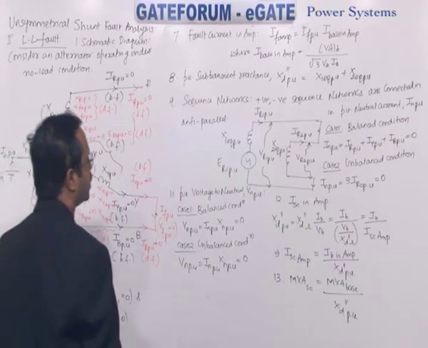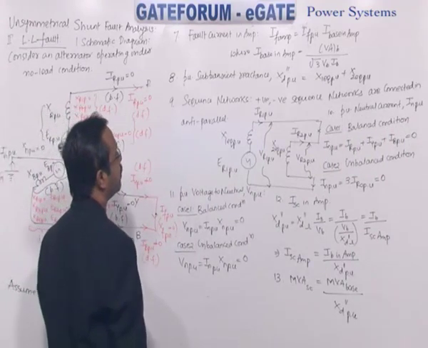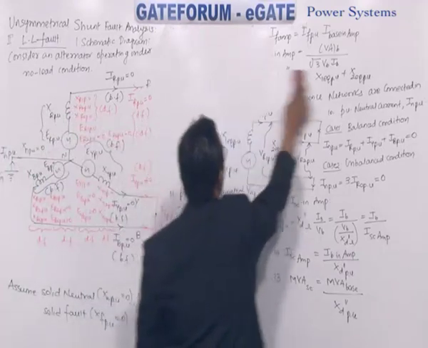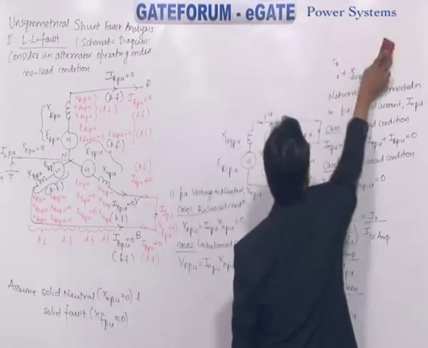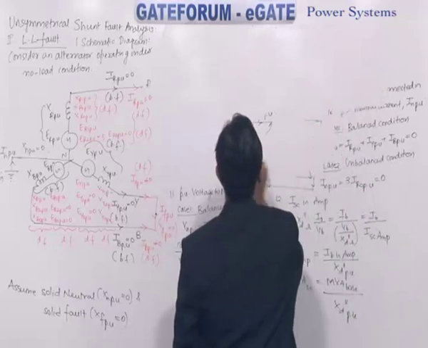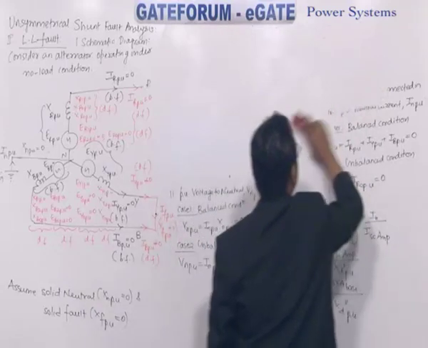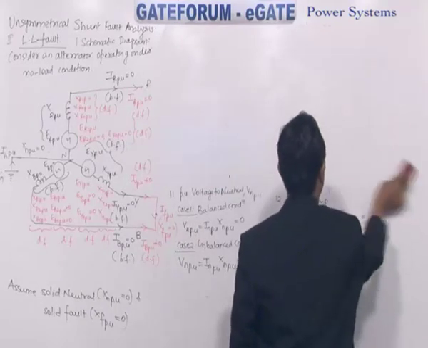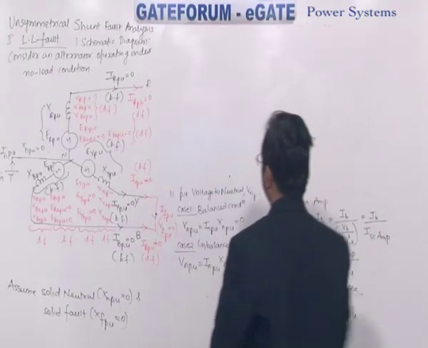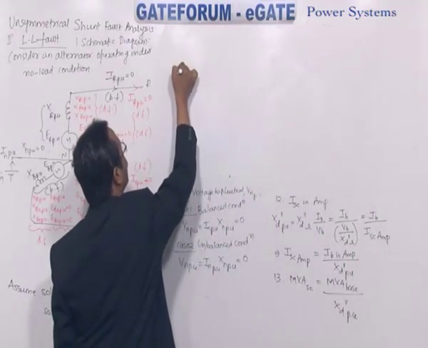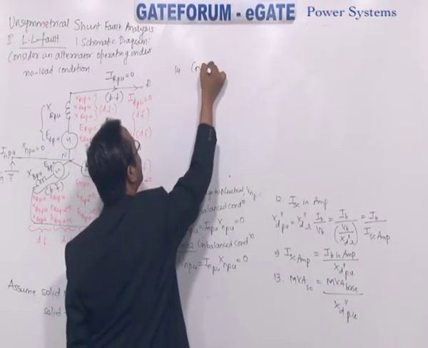Now we have to check, considering reactance neutral and reactance fault, how to represent XD double dash per unit. This is our last point to evaluate.